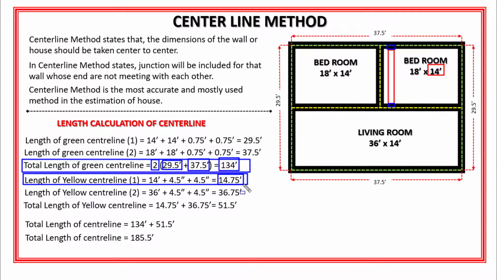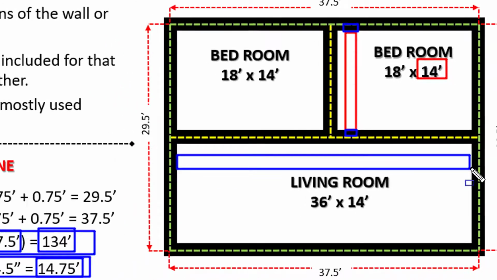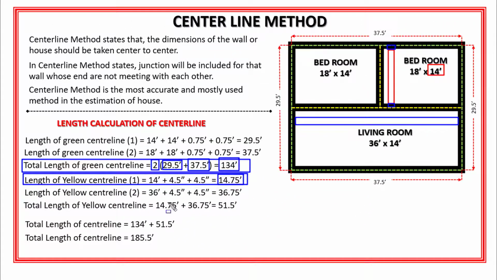Now after that, I will find out the length for this other yellow center line as well. So the length of this yellow center line will be equal to 36 feet, which is the length of the living hall, plus 4.5 inches from this side, plus 4.5 inches from this side. And the total length of this yellow center line will be equal to 36.75 feet.